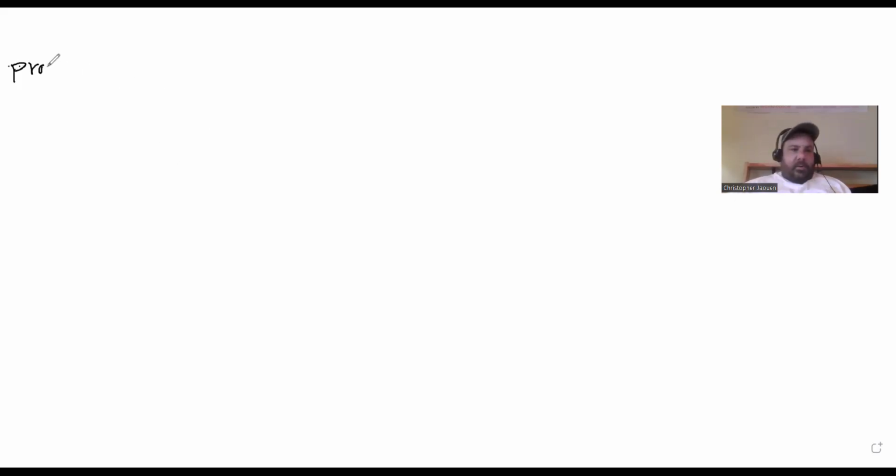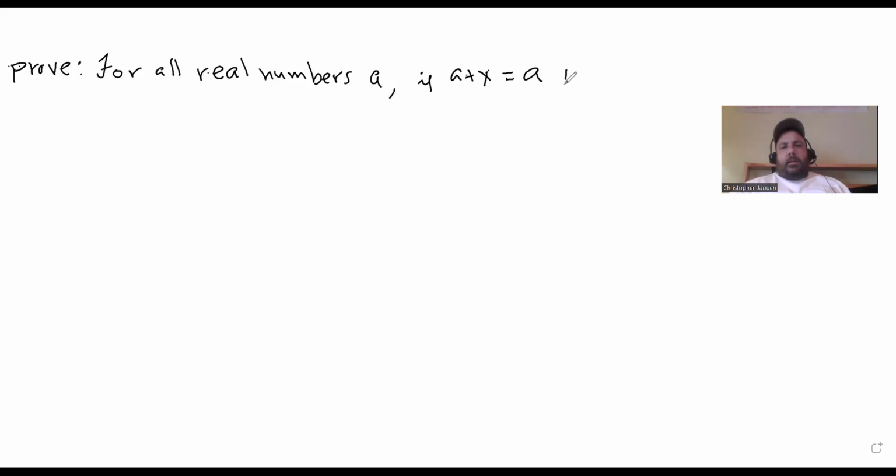Oops, my pen doesn't seem to want to work anymore. Prove that for all real numbers a, if a plus x equals a, then x equals 0.